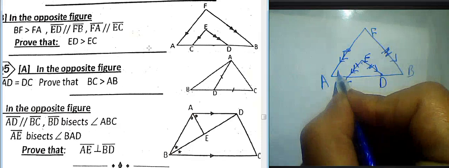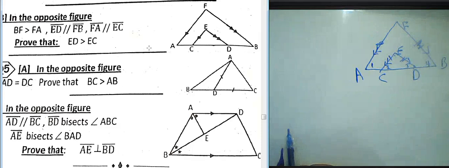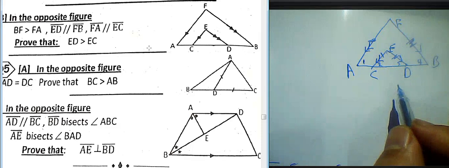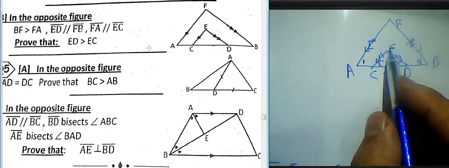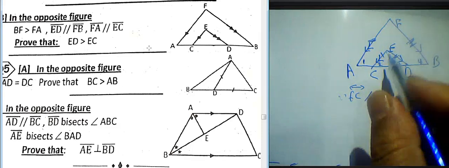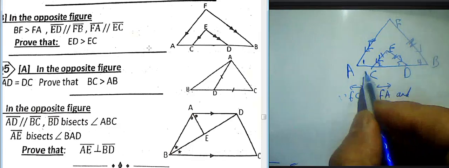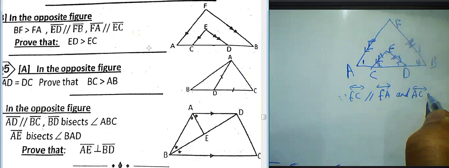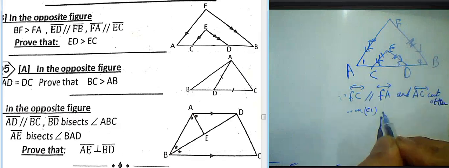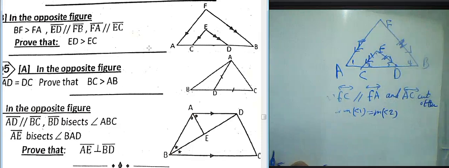Okay, we can call these angle 1 and angle 2, angle 3 and angle 4. Okay, my students, look with me. First, we have two parallel straight lines. FC is parallel to FA, and the transversal AC cuts them. Then the measure of angle 1 will be equal to the measure of angle 2.